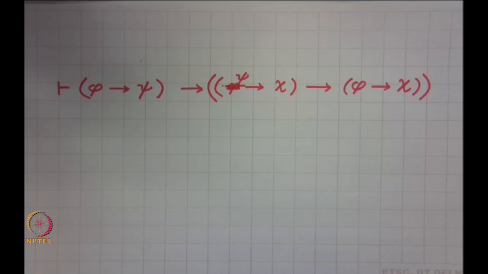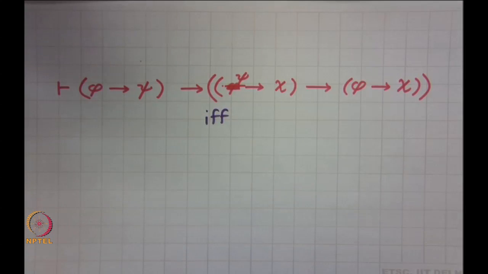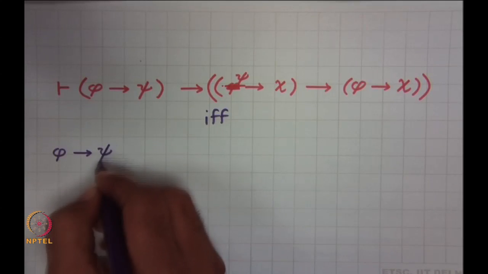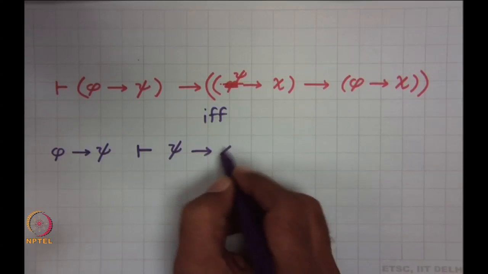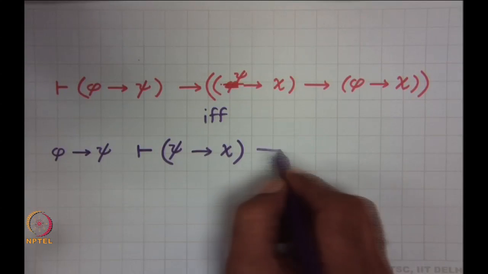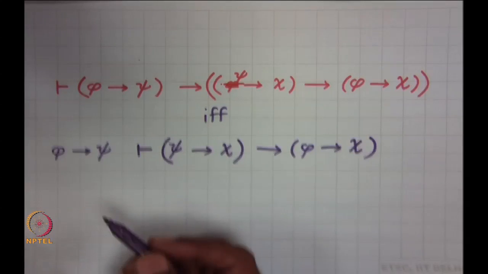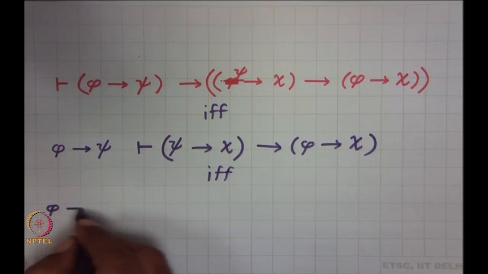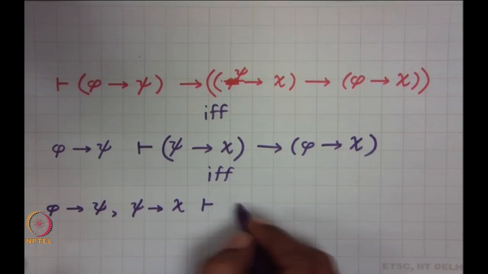This is a formal theorem, and by the deduction theorem it holds if and only if from the assumption phi arrow psi I can prove psi arrow chi arrow phi arrow chi, and this holds if and only if phi arrow psi comma psi arrow chi proves phi arrow chi.